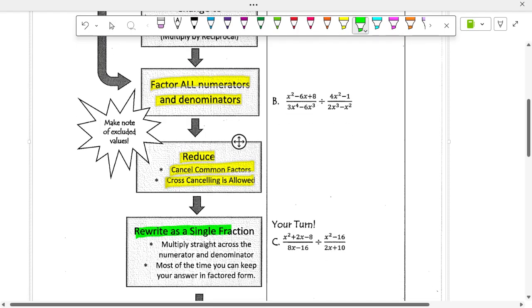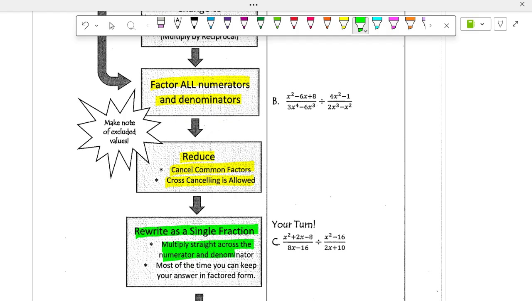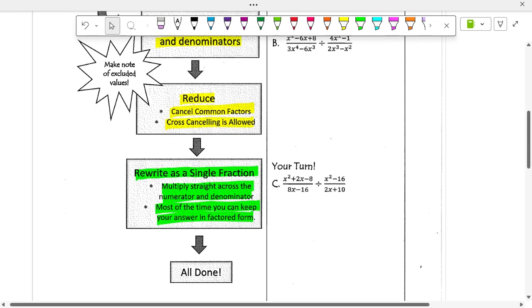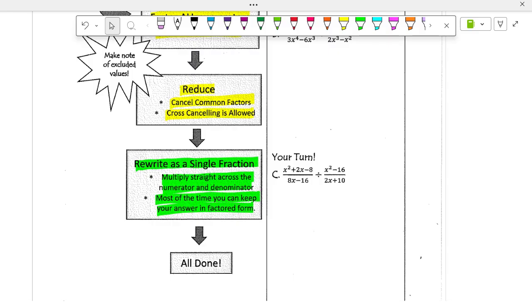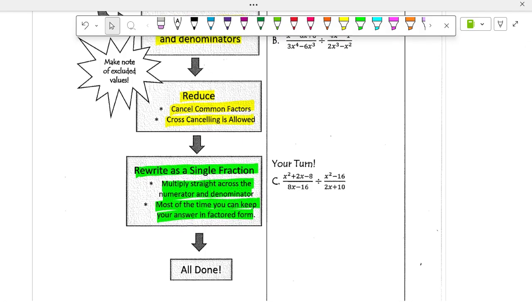And then rewrite as a single fraction. So multiply straight across the numerator and denominator, and most of the time you can keep your answer in factored form. There are very few times when you have to reconvert it back to standard form, because most often than not, most of the factors will cancel out, so you won't have anything you have to multiply back together. Sometimes.